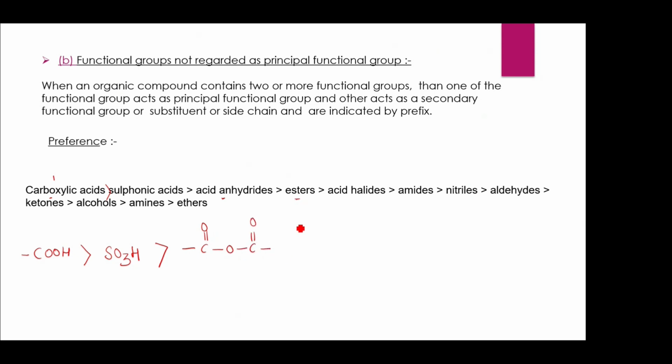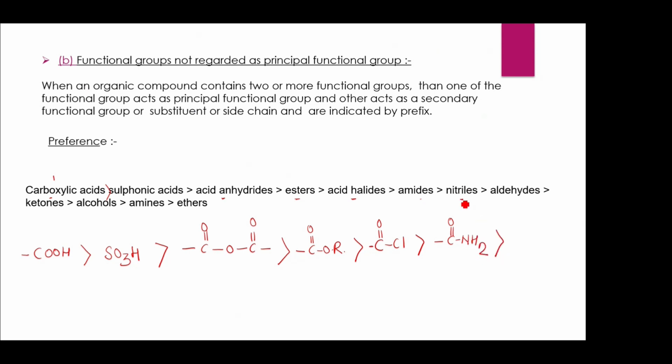The next preference is esters, COOR. The next preference is acid halides, C double bond O, Cl. This is the functional group. Then the next preference is given to amide, C double bond O, NH2.